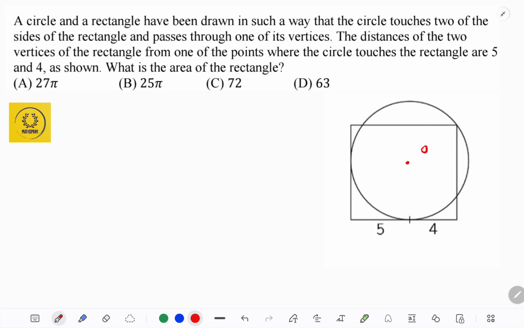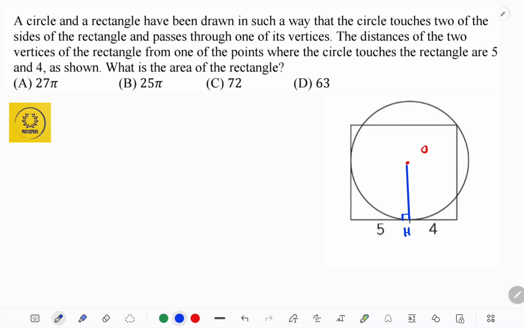Let's call this O. Because this is the tangent line of this circle, I'm going to draw the radius of the circle, and we know that the radius of any circle is perpendicular to the tangent line at the point of tangency. I'm gonna call this point H.